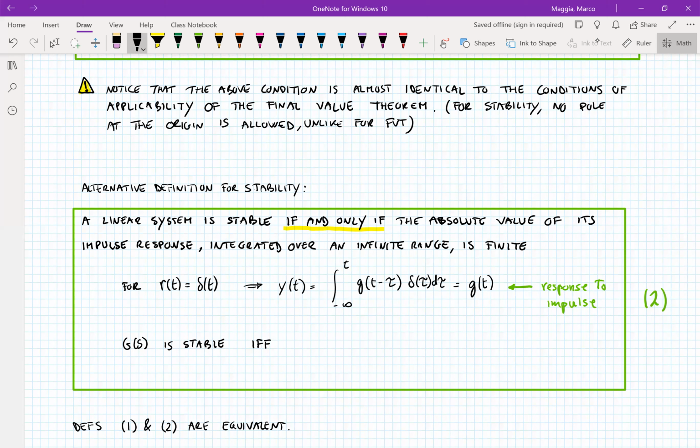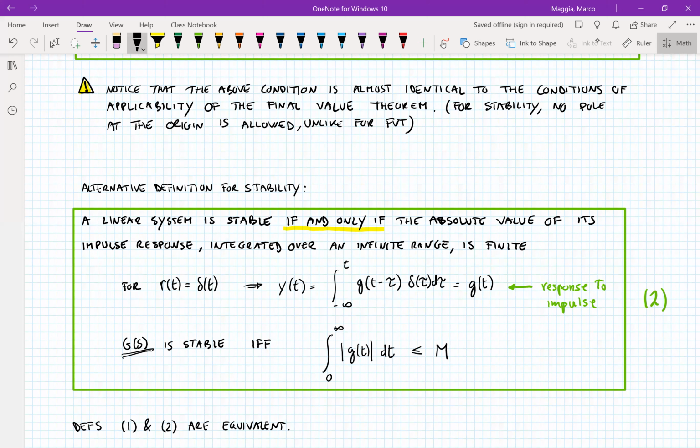Now, sometimes you can encounter this just saying g of s is stable, but what it really means is the system itself is stable. IFF, if and only if. Now we have to take the integral over an infinite range, that is from 0 to infinity, of the absolute value of g of t, and we have to check that this is less or equal to a constant m.